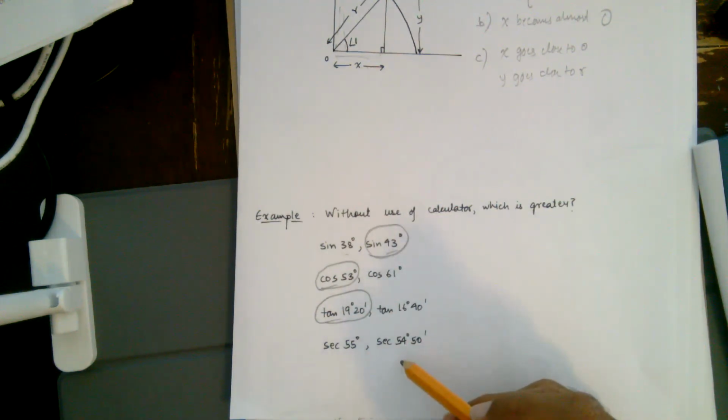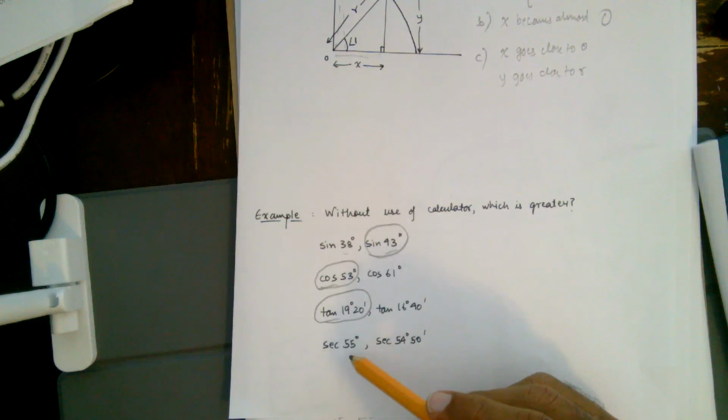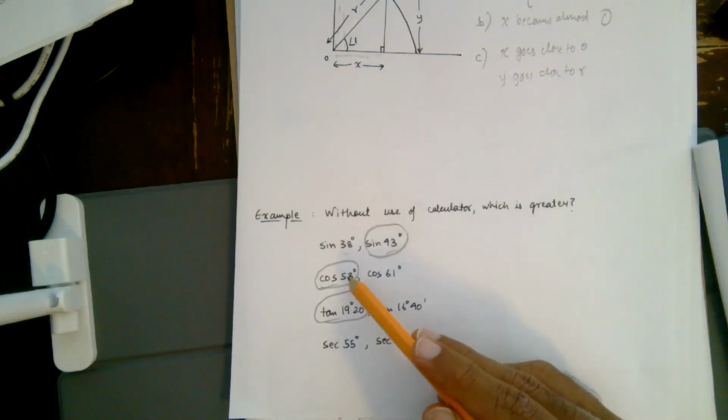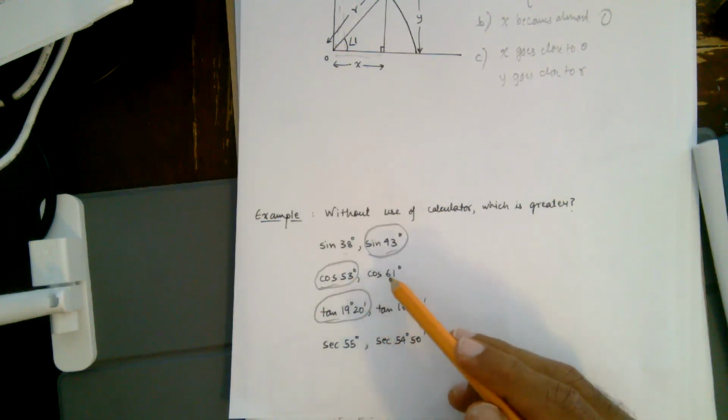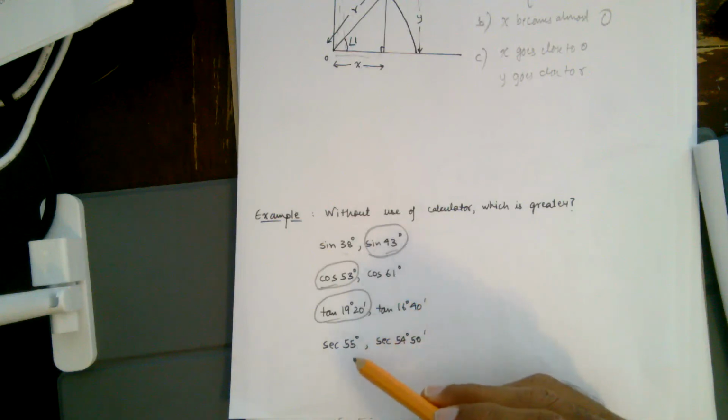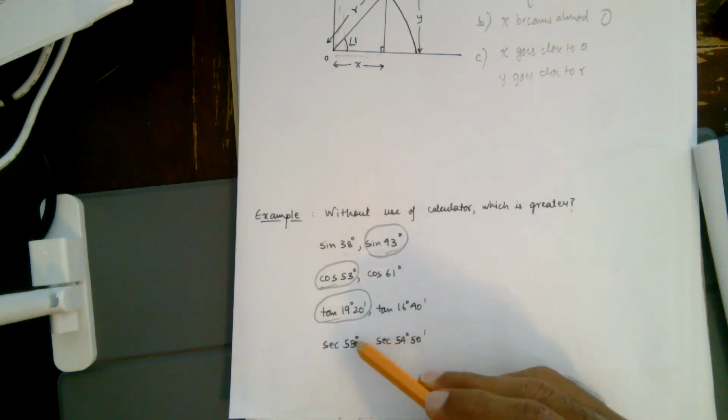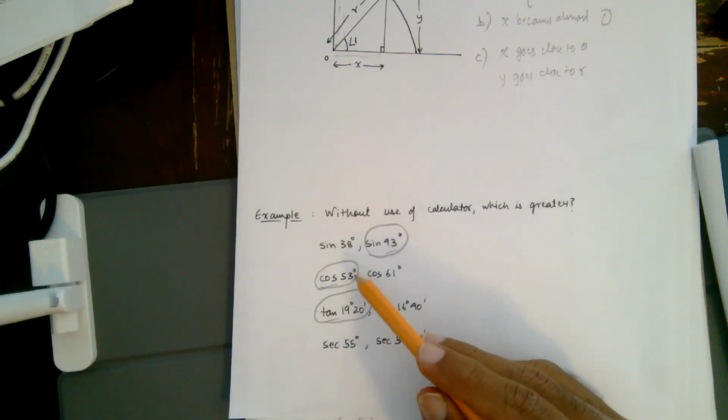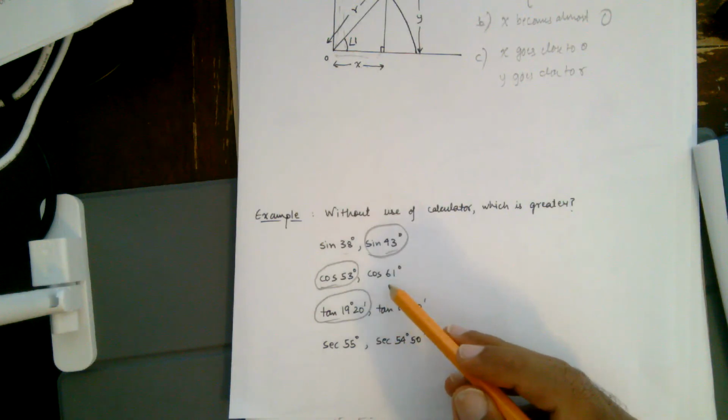For secant, remember secant is the reciprocal of cosine, so its behavior is going to be exactly the opposite of cosine. For cosine, the ratio decreases when angle increases.